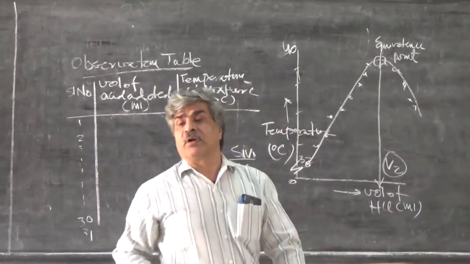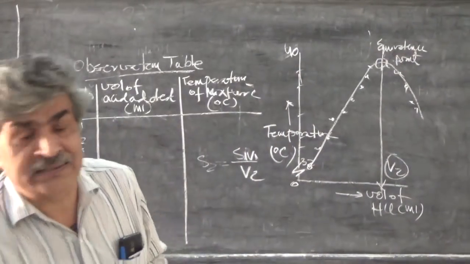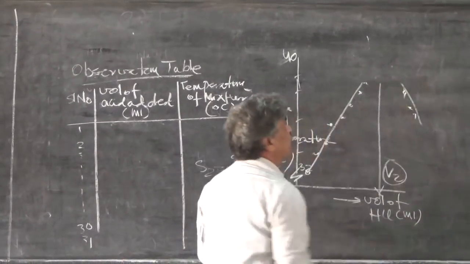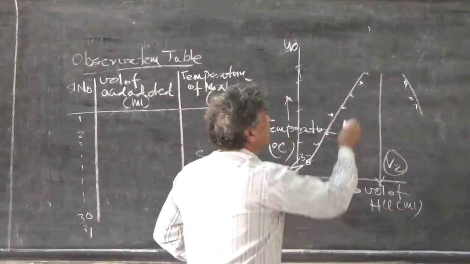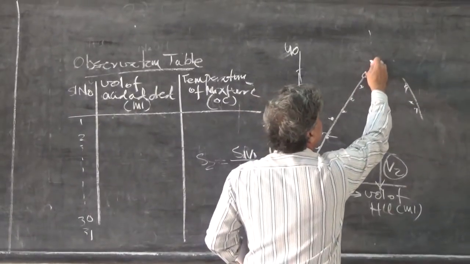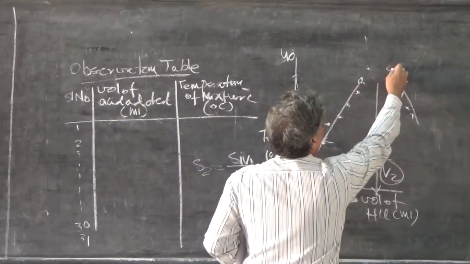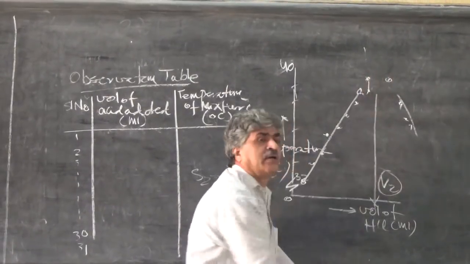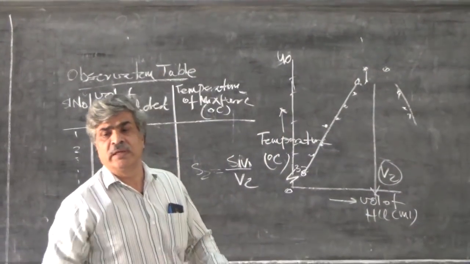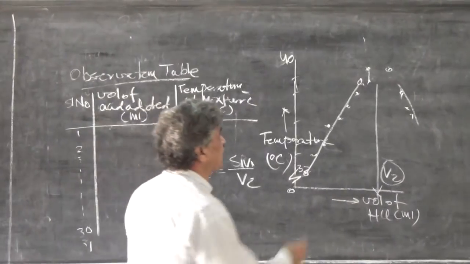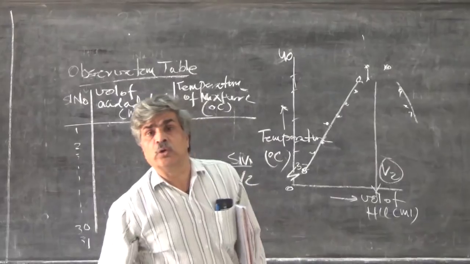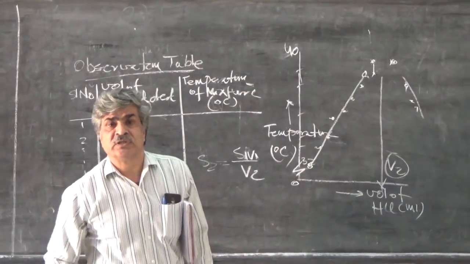Another thing which is very important as far as this experiment is concerned is that several times you can have points like this. One point here for one particular volume, addition of volume, and then another point here. So how do you get the equivalence point?